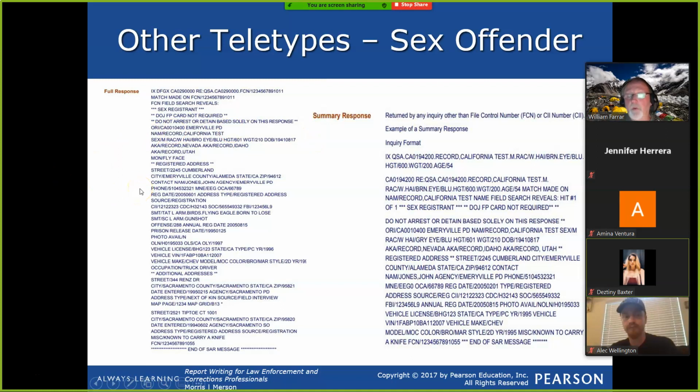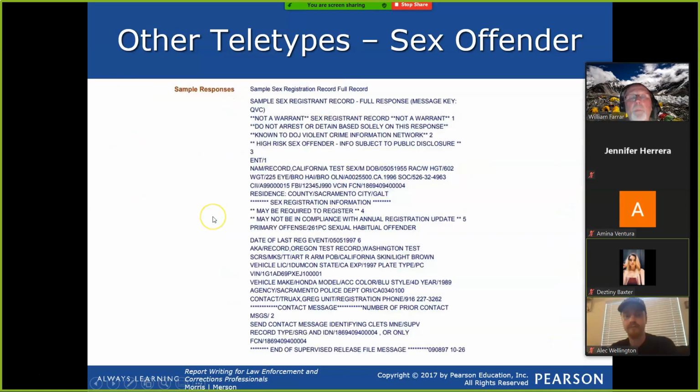Or are they standing in a park, near a bathroom, anything that you need here, and it's got all their descriptions, tattoos, when they were in jail, photo available. I mean, this is good information for you as a police officer to know who you're dealing with. So again, this is something that you would get through NCIC. Here's kind of a closer look at what a sex offender hit would be.